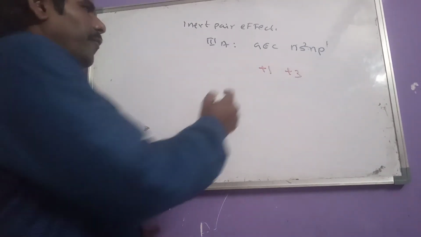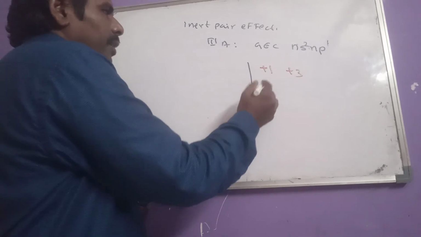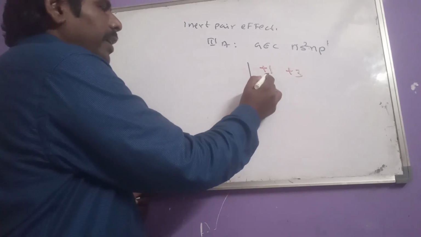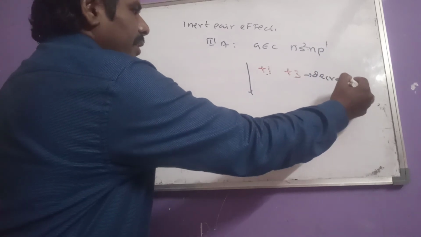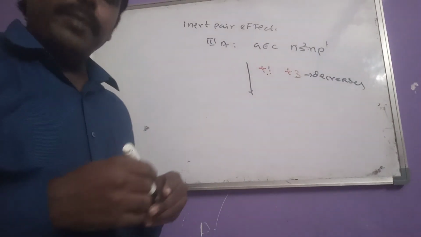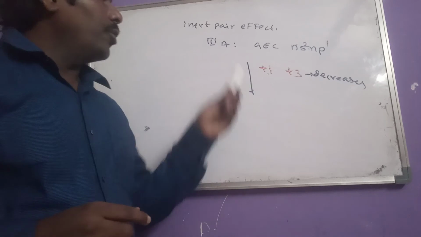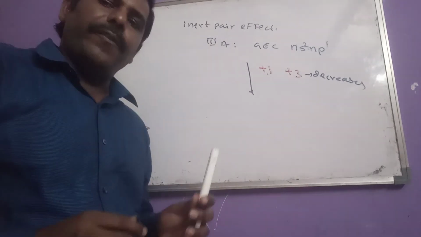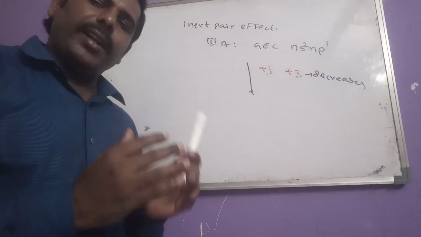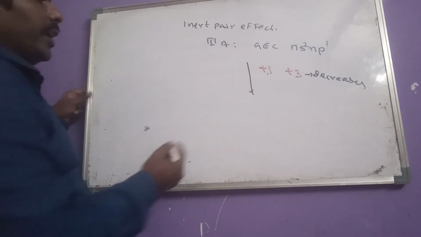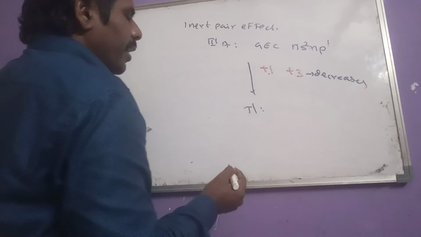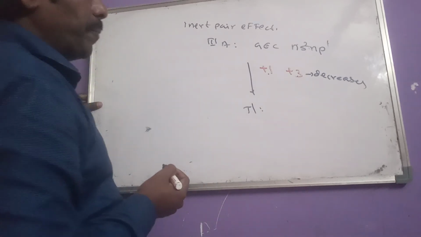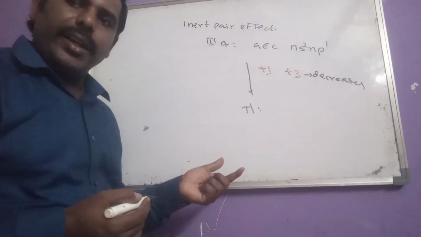But from top to bottom, this +1 stability increases and +3 stability decreases. What happens? +3 stability decreases. Due to which effect? Inert pair effect. What is inert pair effect? Let us see here. If you consider thallium in the third A group, it is the last element present in the third A group.